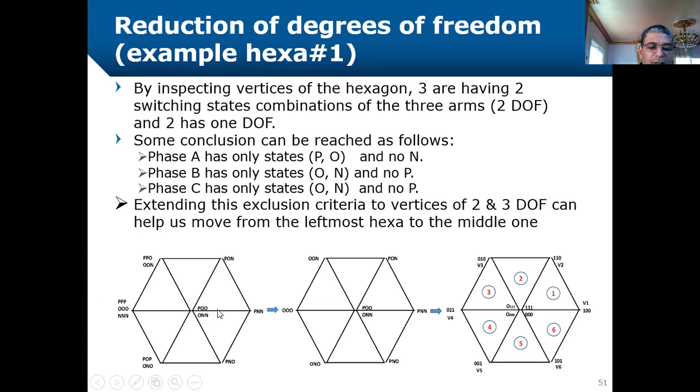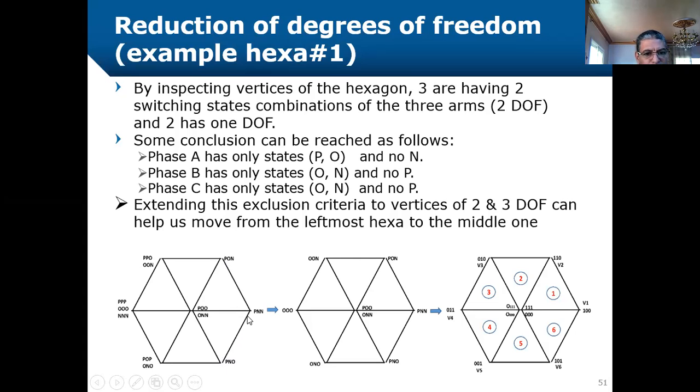I mean, it gives a lot of freedom to represent what we need to represent, the space vector. And one way to reduce these degrees of freedom is to look carefully at the vertices where only a single combination is given. For example, in this vertex, in this and this, we can find that phase A has only B.